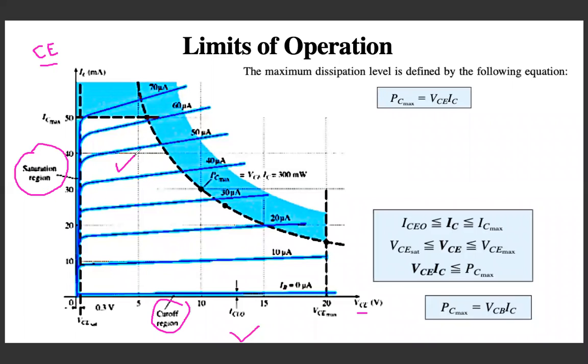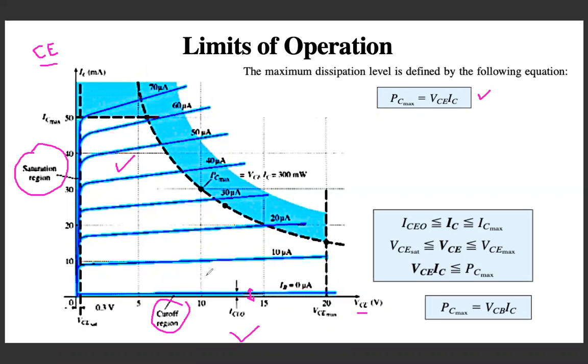So for that, one consideration is consideration of power. And other consideration is the individual values of the parameters. That is, if you remember, this is the value of ICEO. So your collector current should be higher than this value to be in the active region.